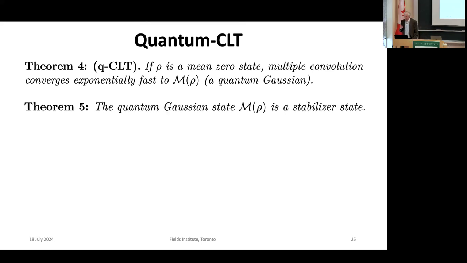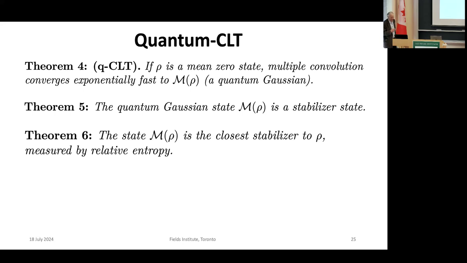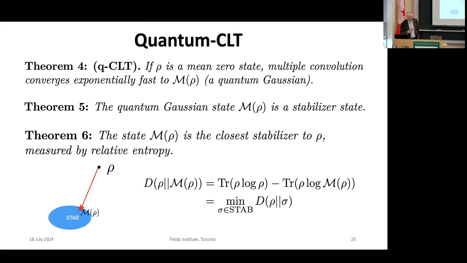And the quantum Gaussian in quantum information is called a stabilizer state. I'll explain later what is a stabilizer state. And the state that you get as a limit, this quantum Gaussian, the normal distribution in quantum theory, is the closest stabilizer to rho measured by relative entropy.